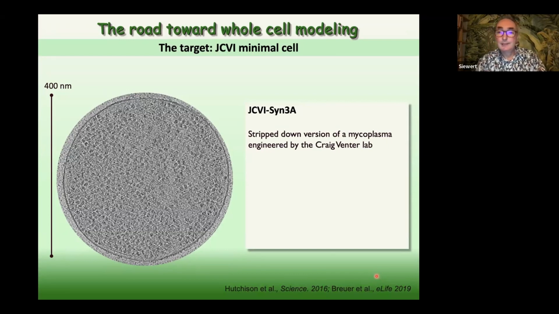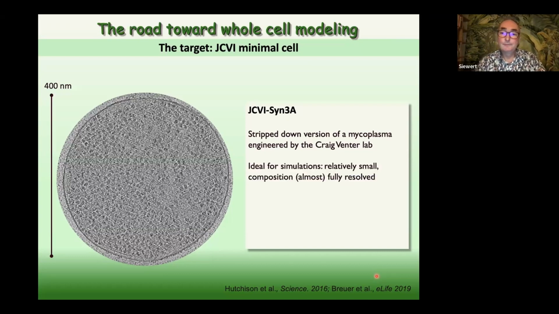So we selected a very small cell, a so-called minimal cell that has been developed at the Craig Venter Institute. That is the simplest cell type that we know of, and that is still considered to be alive. It can divide itself, go through multiple life cycles. So it is a living cell, but stripped down of all the non-essential genes.